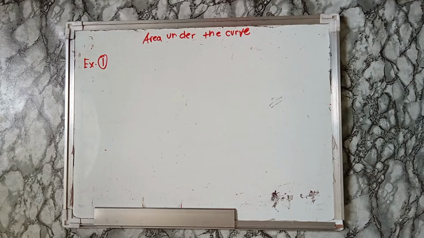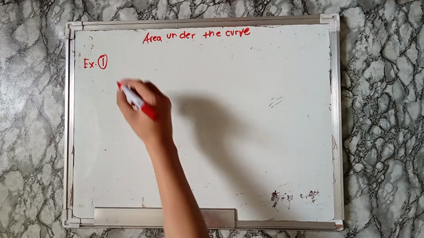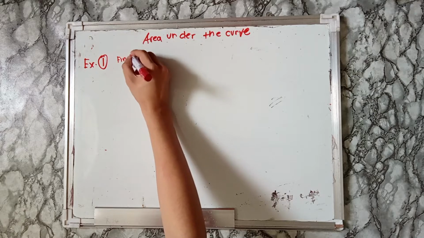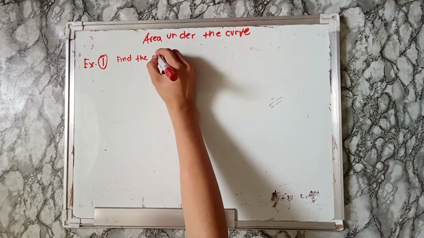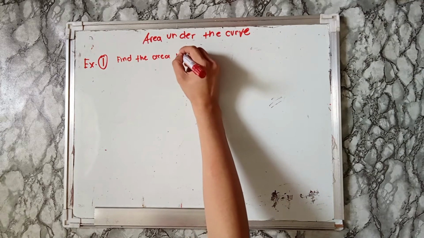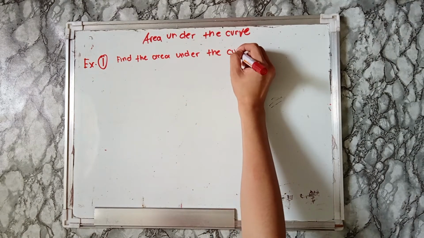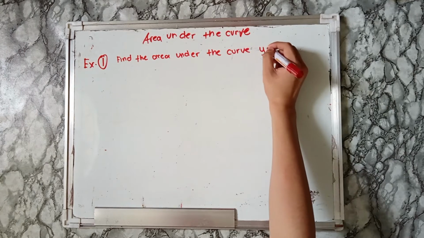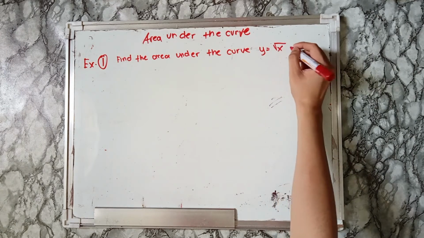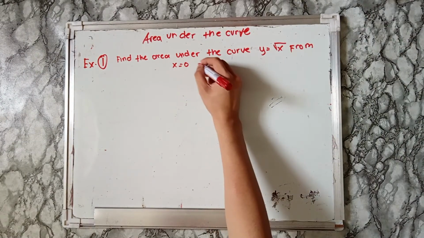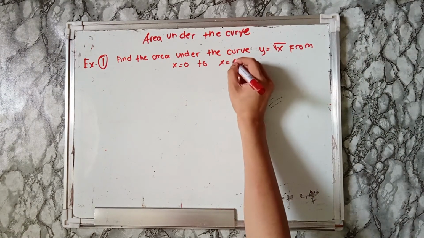Let's say find the area under the curve y is equal to square root of x from x is equal to 0 to x is equal to 4.